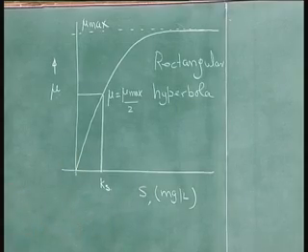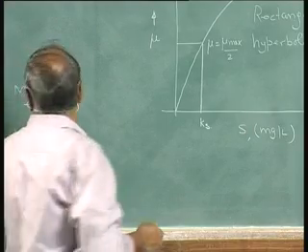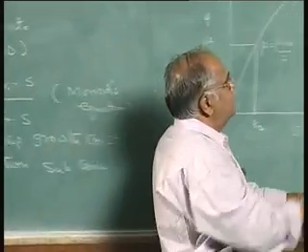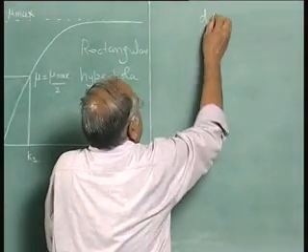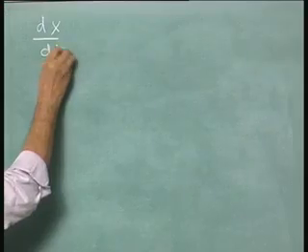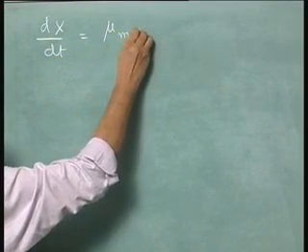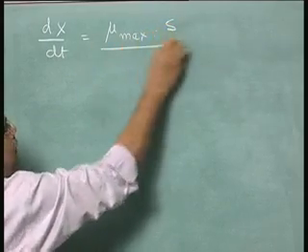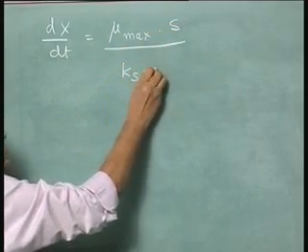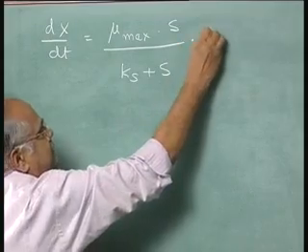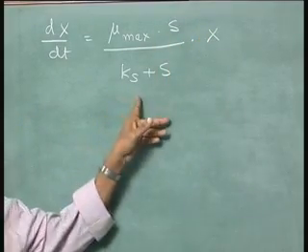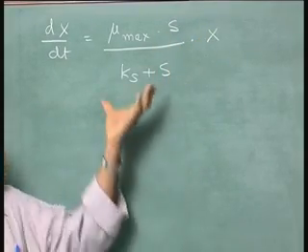So, now we will move forward from this equation. This is the equation we have. This dx by dt can now be written as mu max S over Ks plus S multiplied by x.